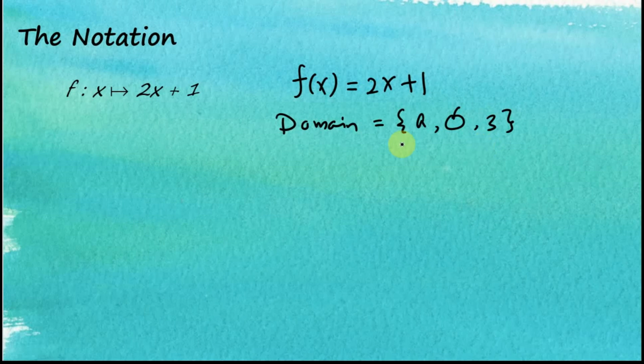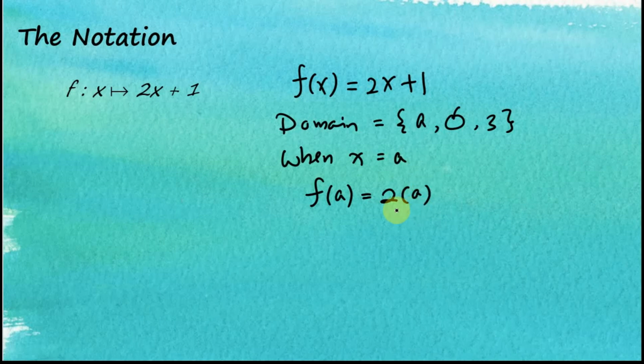So if the object is A, when x equal to A, then this function will become f(A). We substitute x with A, so the object becomes A. When we substitute x with the objects, normally we put brackets.